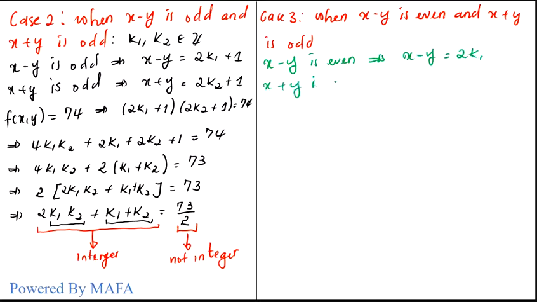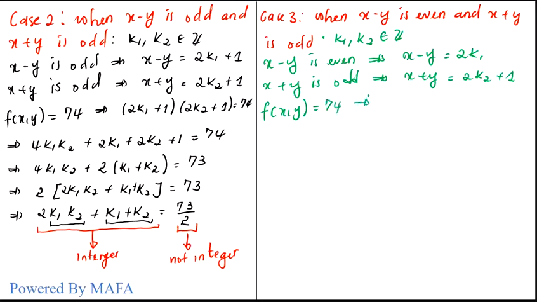Now x plus y is odd means that x plus y can be written as 2k2 plus 1. Remember, our k1 and k2 are both integers. Okay, now our f of xy is equal to 74 means that 2k1 times 2k2 plus 1 is equal to 74.